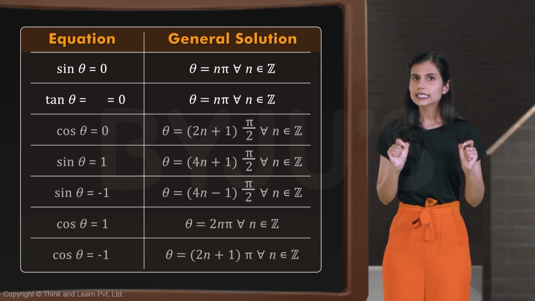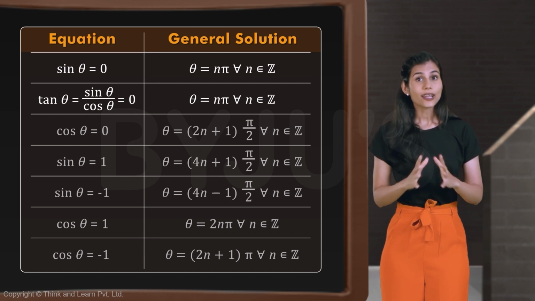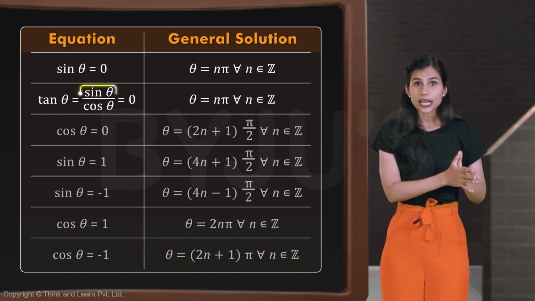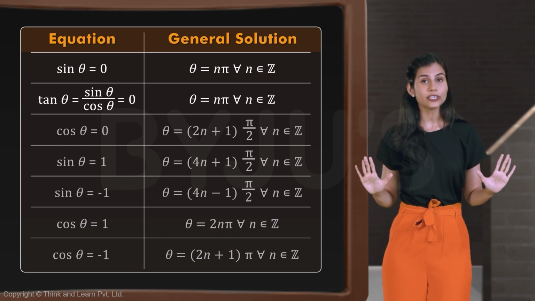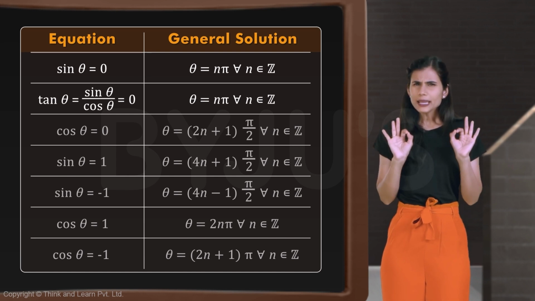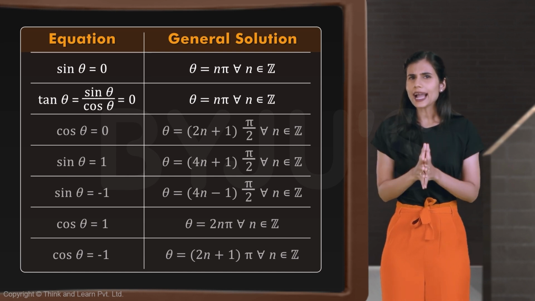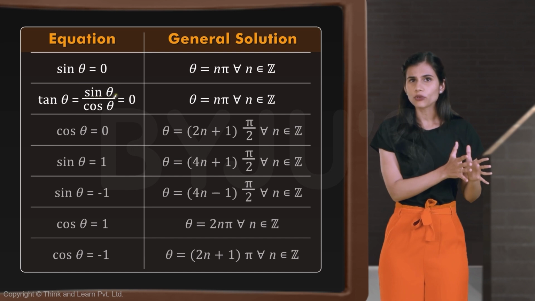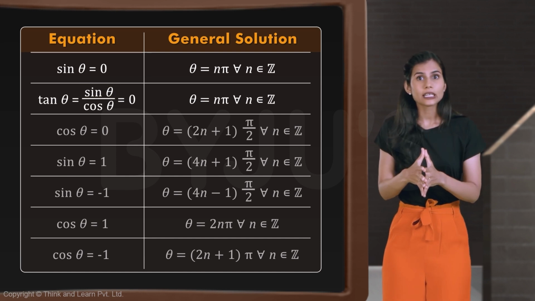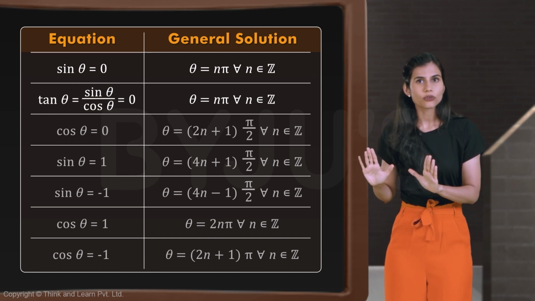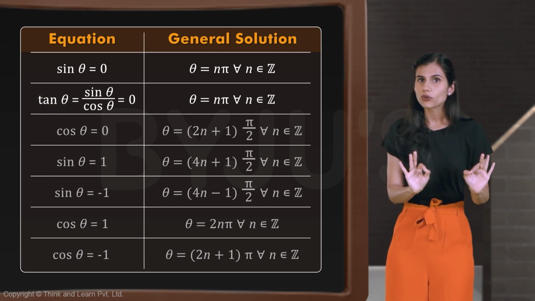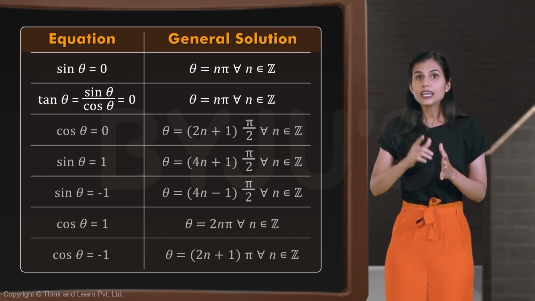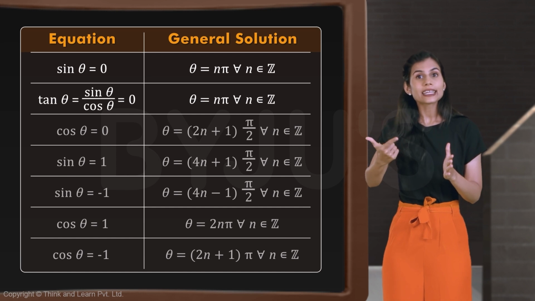See, tan is sine upon cos. And we have studied that sine and cos can never be simultaneously 0. What I mean is that for some angle, if sine is 0, then for the same angle, cos will not be 0. Okay, so tan of an angle will be 0 if and only if sine of that same angle is 0.